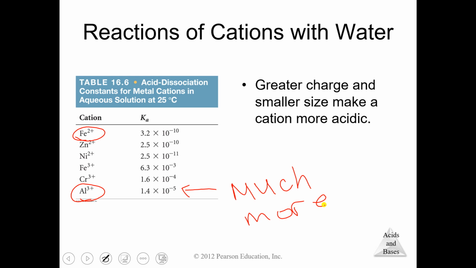The higher charge makes it a smaller size. The higher the charge means more electrons are going away, so the more electrons that are going away, the smaller the size. So it's easier to compare very different things than things that are relatively close. For my purposes and your testing purposes, I'm going to focus on the things that are different.